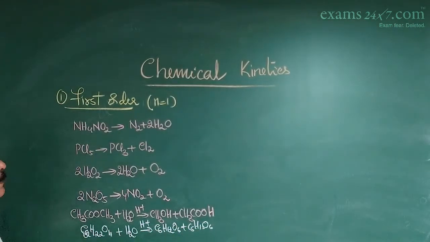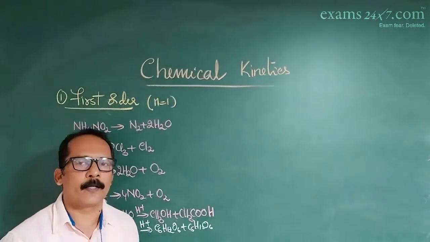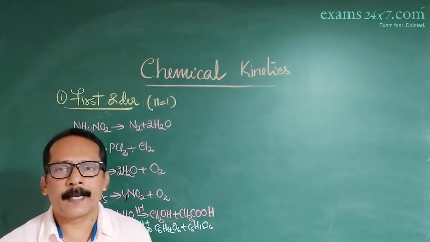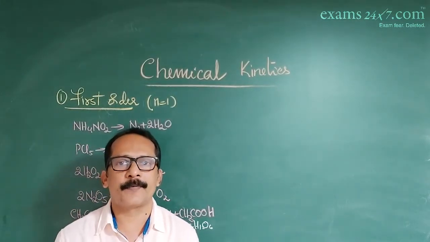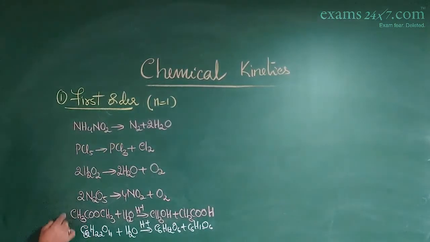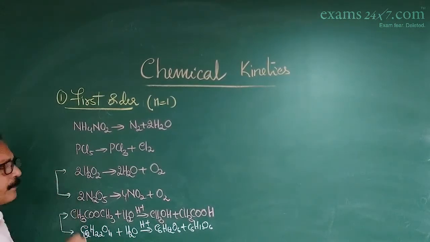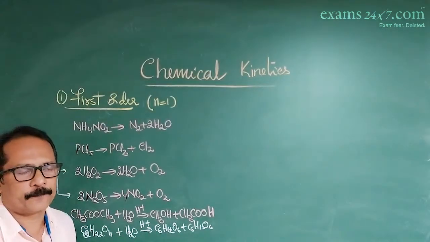All these are examples of first order reactions, where the order of the reaction is 1, and the rate of the reaction is directly proportional to the first power of the molar concentration of reactant. These 2 are examples of pseudo first order reactions. These 2 are examples of complex reactions.